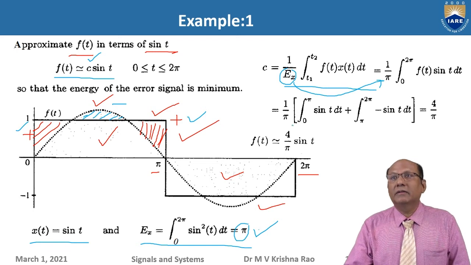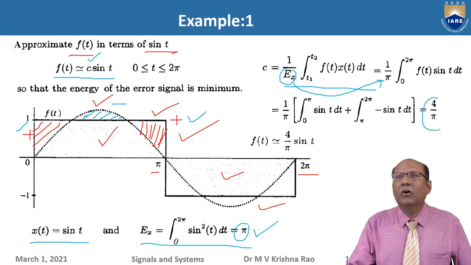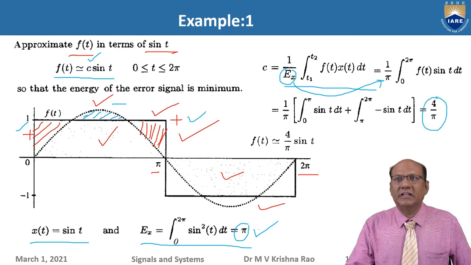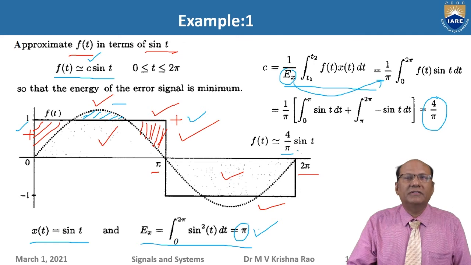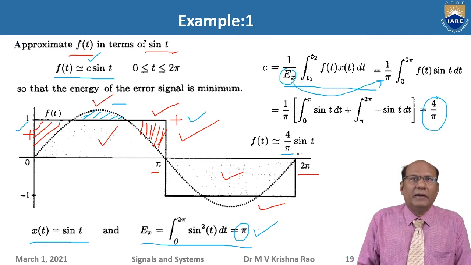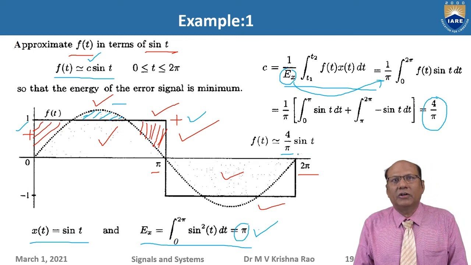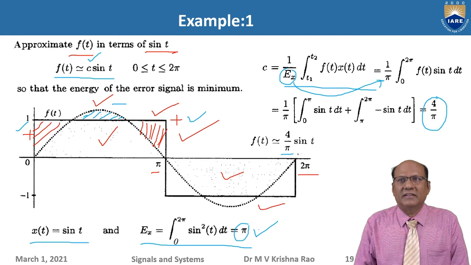After proceeding like this with the integration, I finally get c as 4 by pi. So this is nothing but c, 4 by pi. F of t is approximately equal to 4 by pi times sine t. Pi means 3.14, so 4 by 3.14 is approximately equal to 1.35, 1.36 like that.